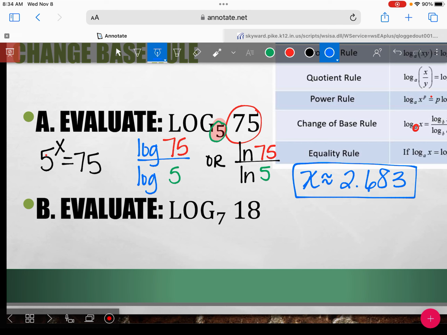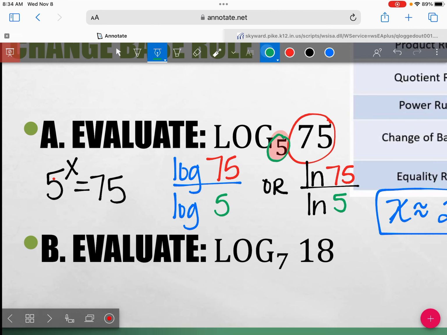Oh, wait a minute. Before you do that, let's go back to the original question. What we just figured out is that if you type in 5 to the power of 2.683 in your calculator, you're not going to get exactly 75, but you're going to get really, really close to 75.